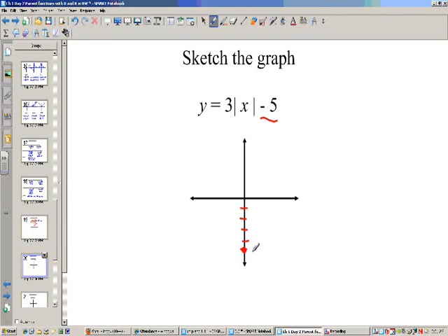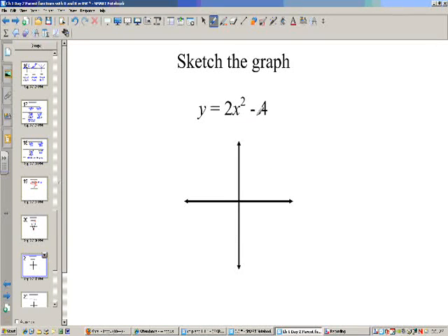So if I go 1 to the right, instead of going 1 up, I'm going to go 1, 2, 3 up because it's stretched vertically by a factor of 3. Now instead of going 1 more up, I go 3 up. 1, 2, 3, and that will be there. So my function will look something like this. A good teacher should put little arrows on the end saying it goes on forever.